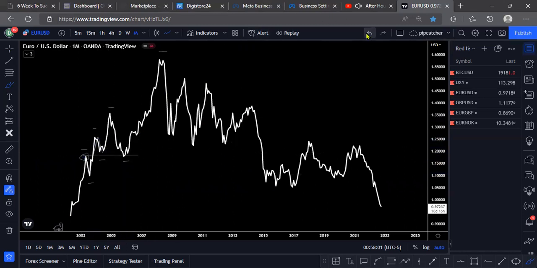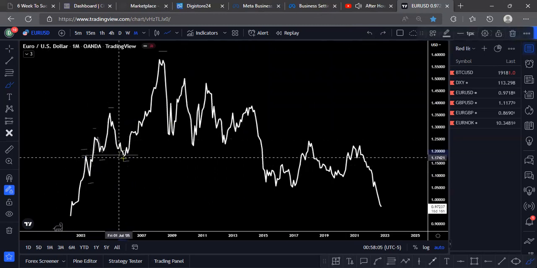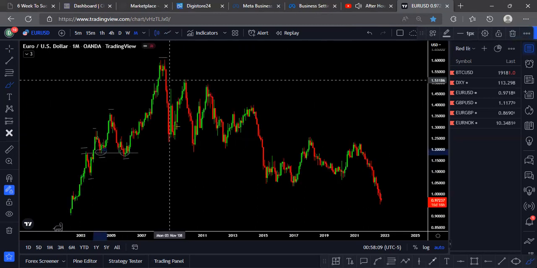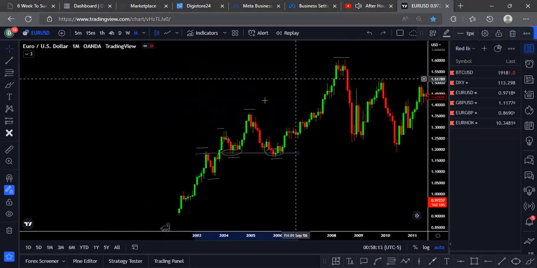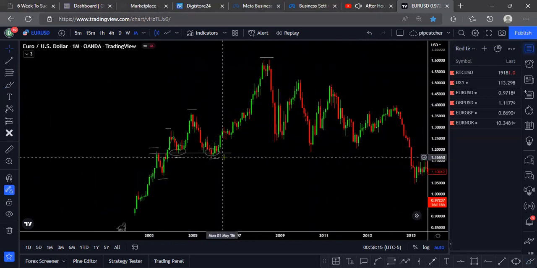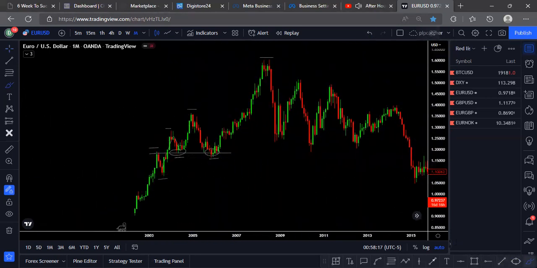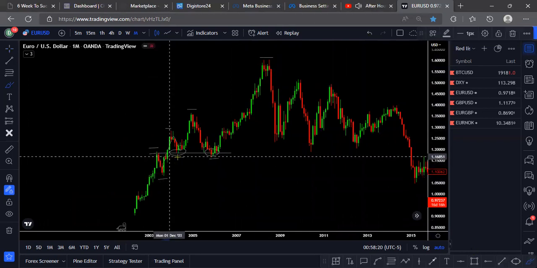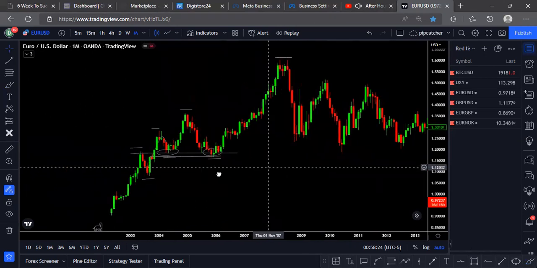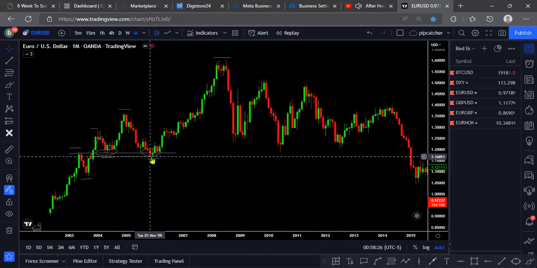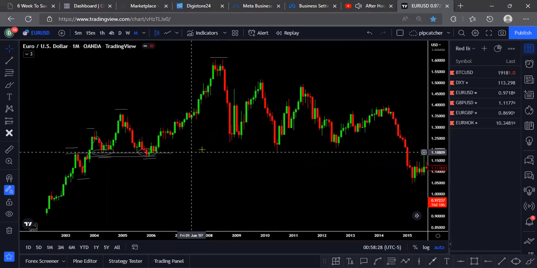So price comes back here. There was an entry a little higher and then one a little lower, right?